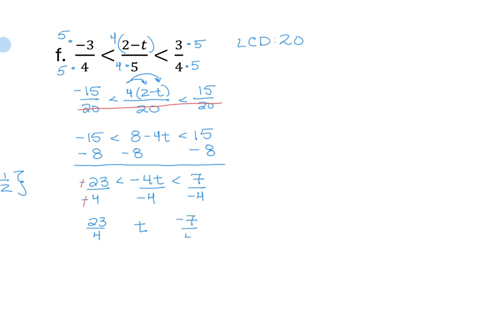This is just negative 7 over 4. We did divide by a negative, which means we do want to flip our inequality symbols. And again, if you want, you can rewrite this from left to right. Negative 7 over 4 is less than t is less than 23 over 4.